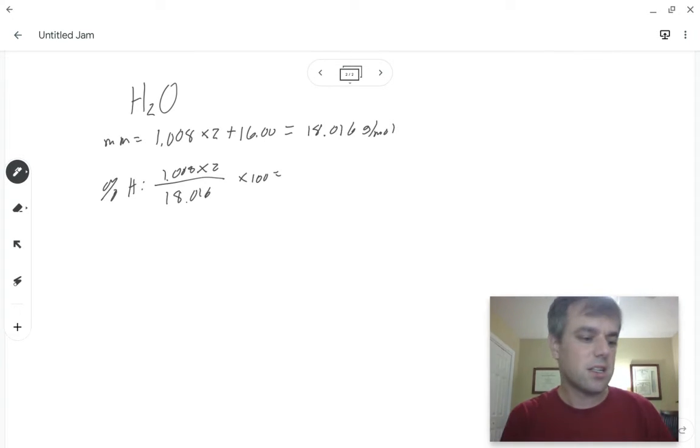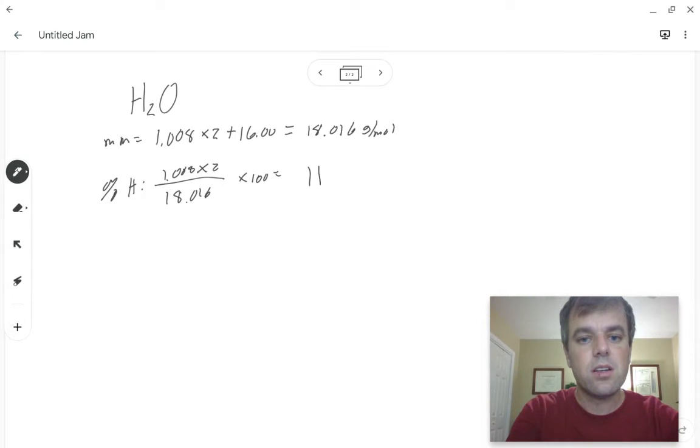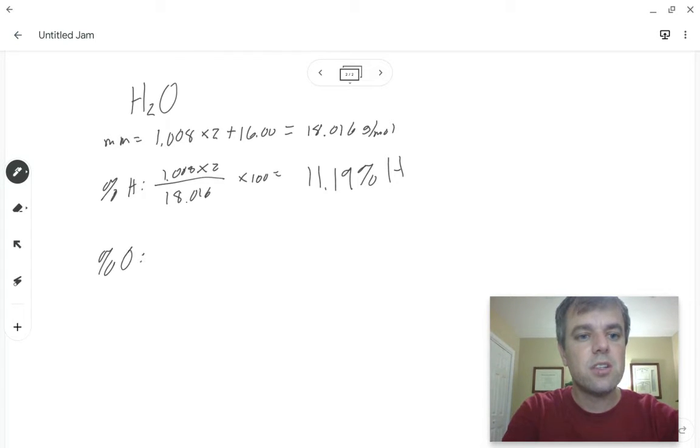Then when we take our calculator and we do this math, we get 11.19% hydrogen. And for the percent oxygen, we take the mass of oxygen.